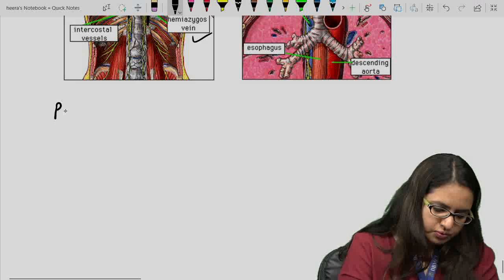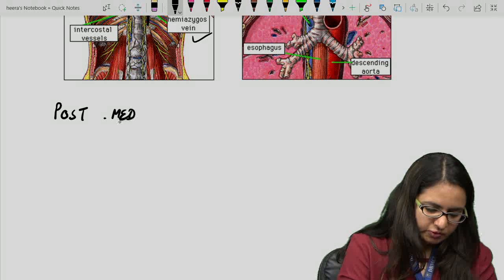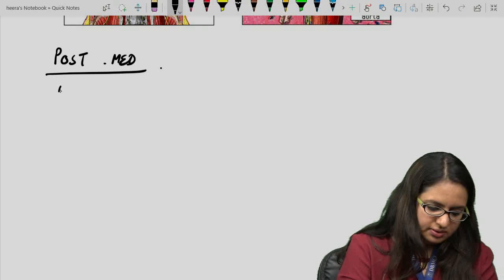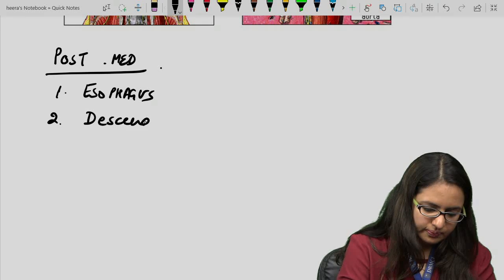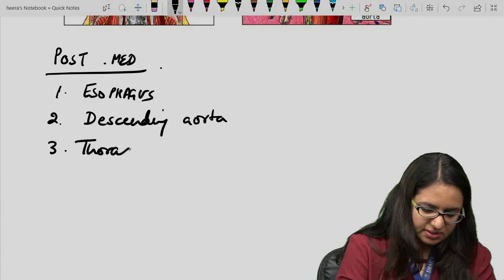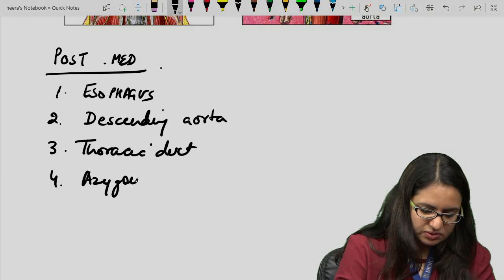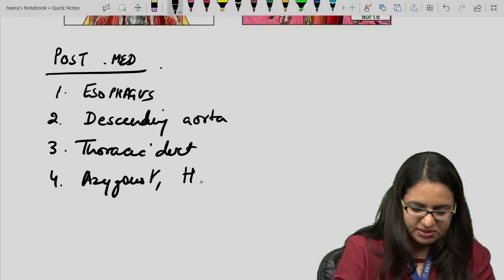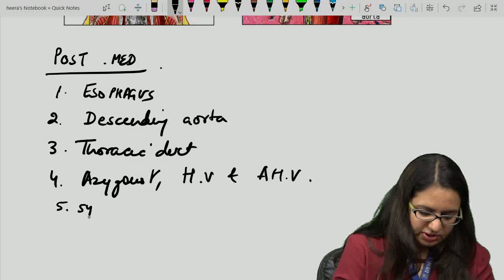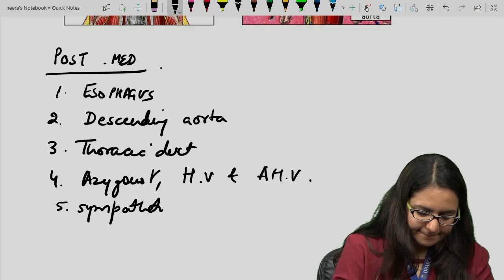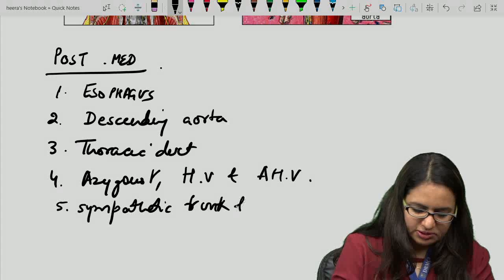So the contents of the posterior mediastinum include the esophagus, then the descending aorta, along with the thoracic duct, then the venous system which includes the azygous vein, the hemiazygous vein and the accessory hemiazygous vein, and the sympathetic trunk along with the splanchnic nerves.